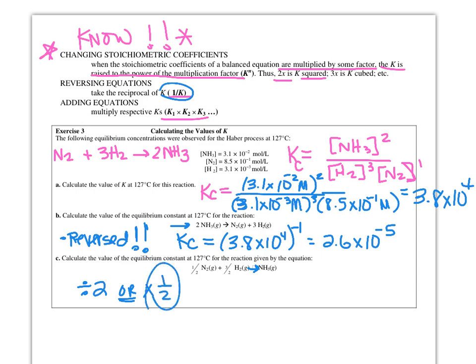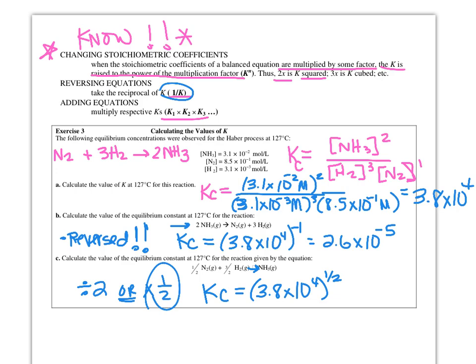So if we multiply the coefficients, that would be what we do to the K value, but it would be its power of. So we would basically take Kc, which was 3.8 times 10 to the 4th, and take it to the power of 1/2, which is essentially like square rooting it.